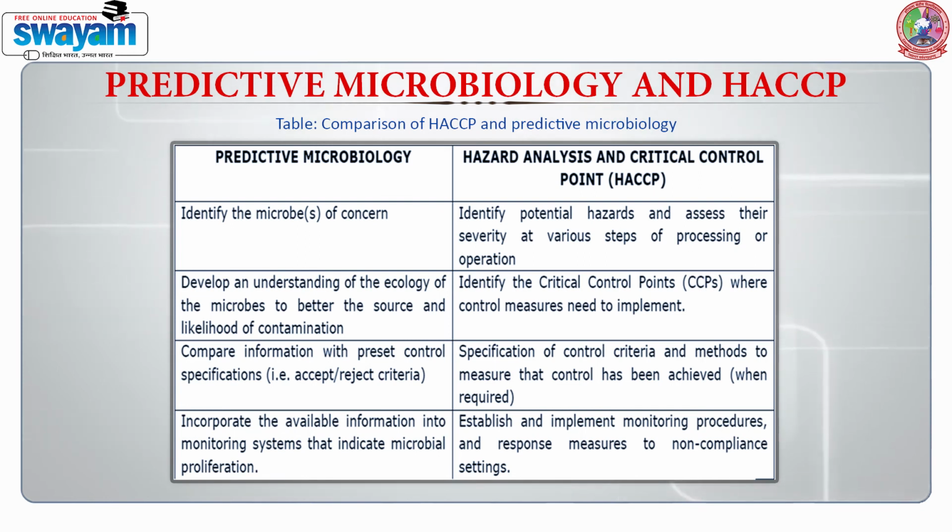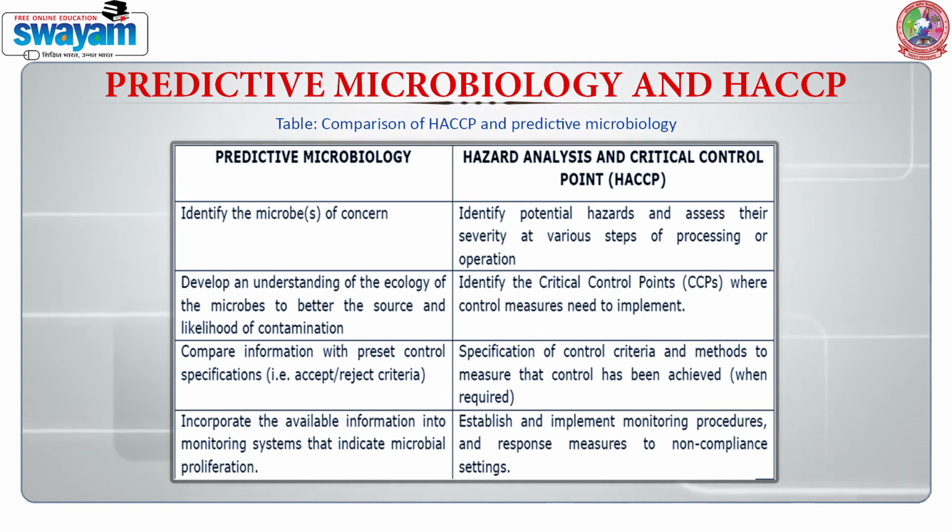In case of predictive microbiology, we are comparing preset control specifications. These can be taken, these can be rejected. But in case of HACCP, we are talking about the control criteria and the methods where the control has been achieved or it should be achieved as and when required.